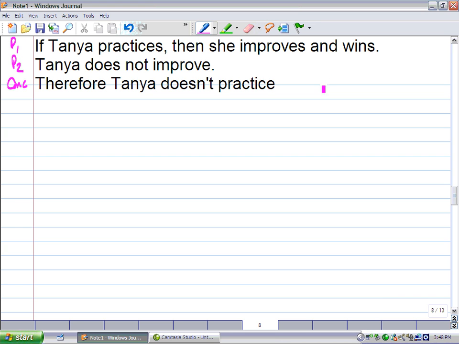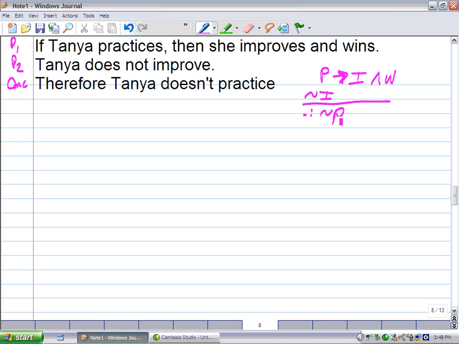Let's write them over here. Practicing implies improving and winning. She does not improve, therefore she does not practice.